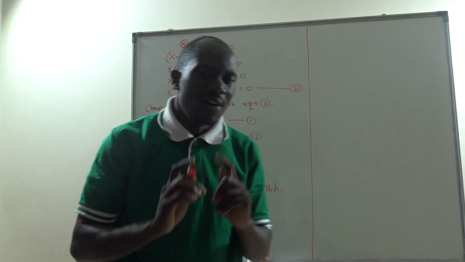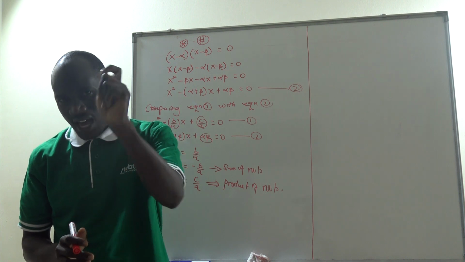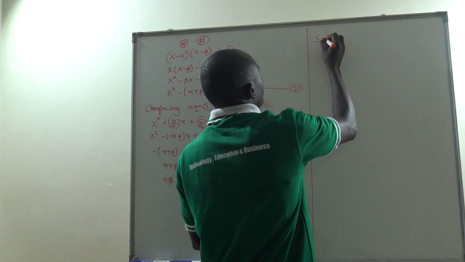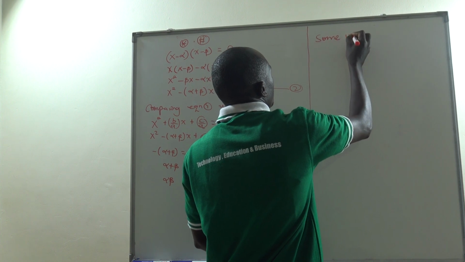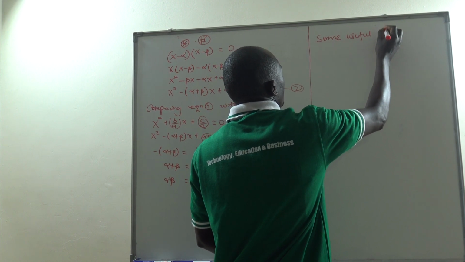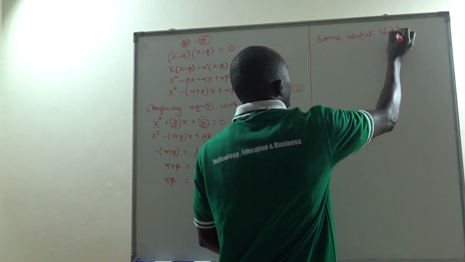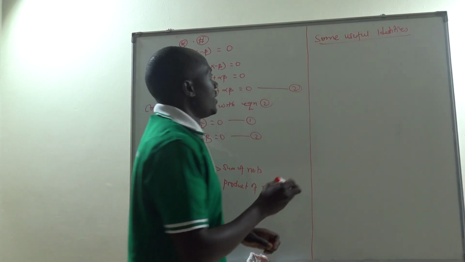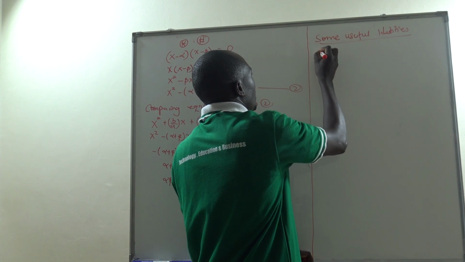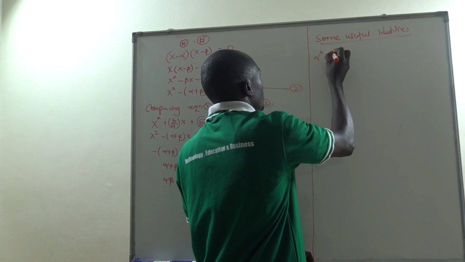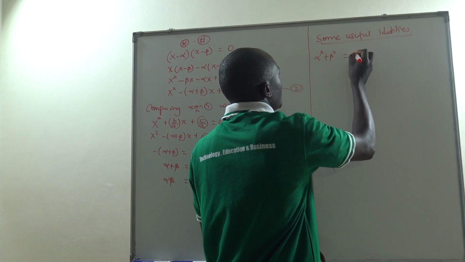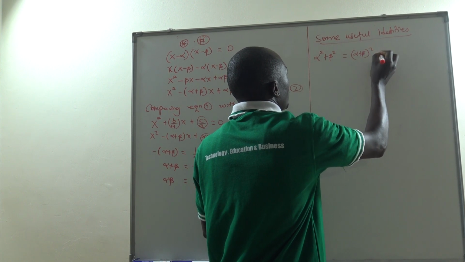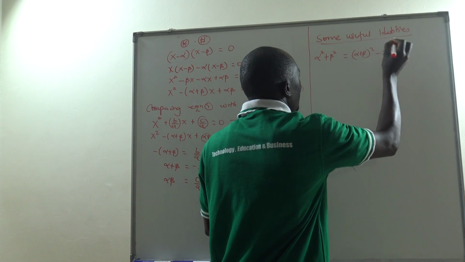So here we have some useful identities which I want you to note, which you are going to be using. The first one is alpha squared plus beta squared is given as alpha plus beta, the whole of it squared, minus 2 alpha beta.